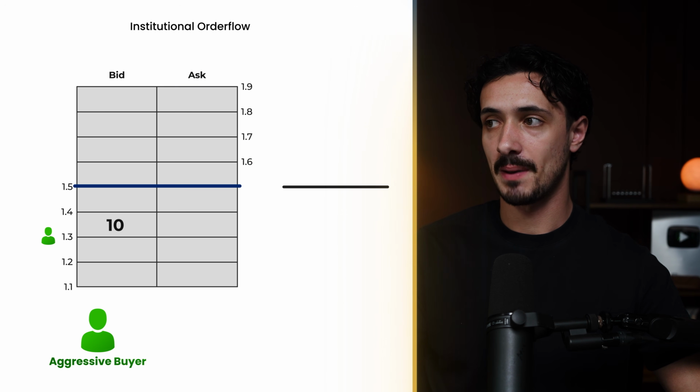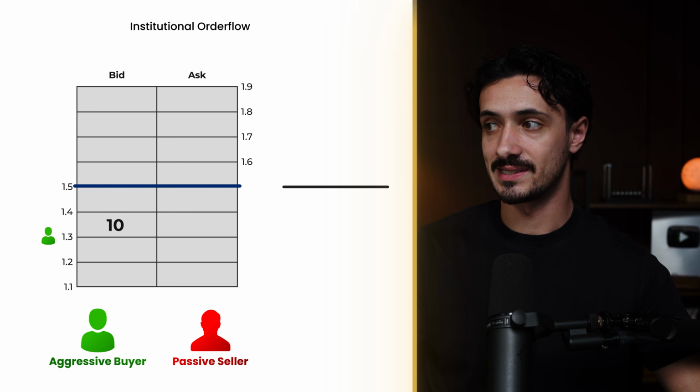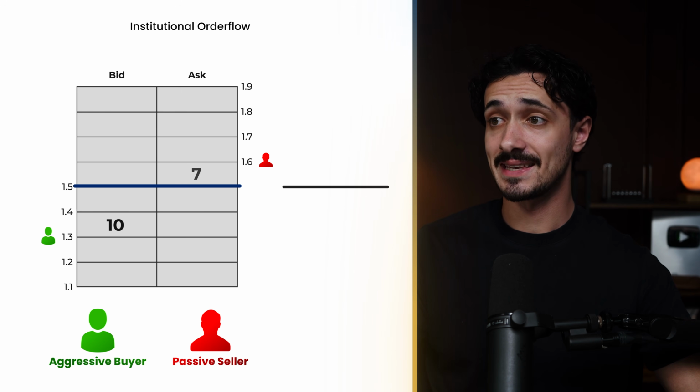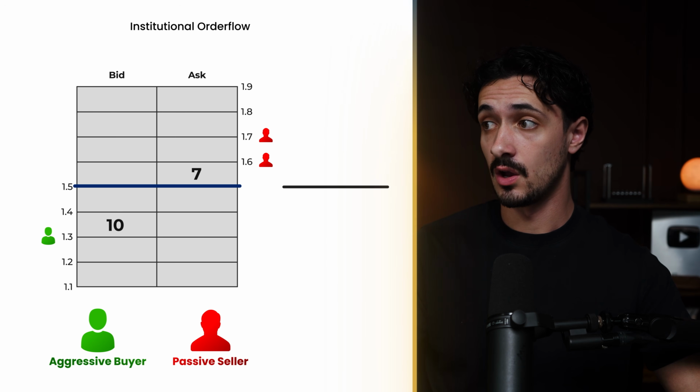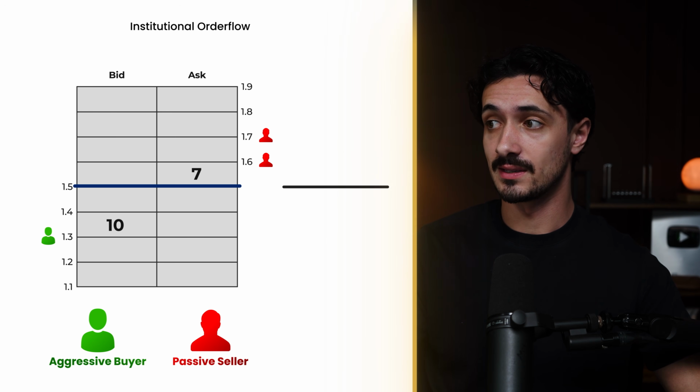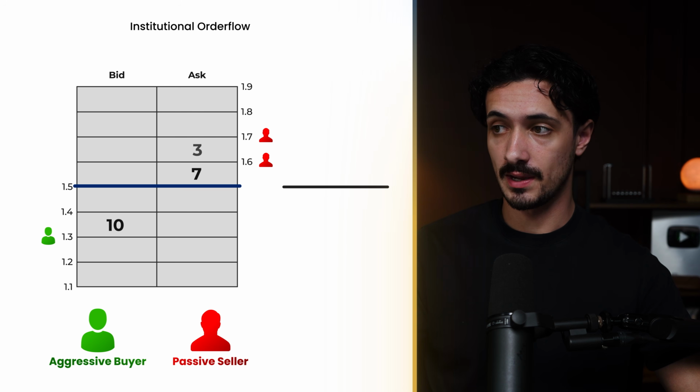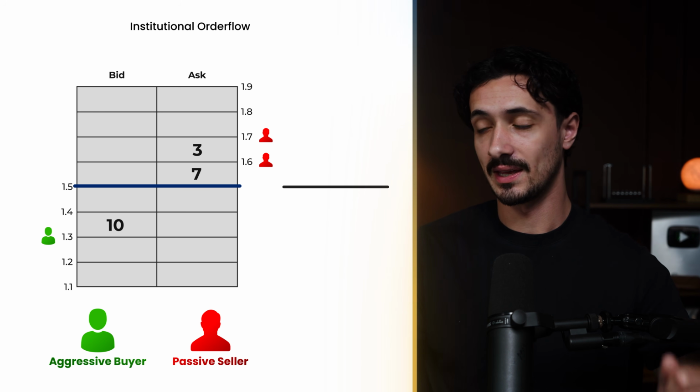So let's say we have a passive seller, right, who is sitting at 1.6, and at 1.6, let's say they have 7 lots available. And let's say there's another passive seller at 1.7 who has 3 lots available, right? So if you were an aggressive buyer, price is at 1.5, and you want to hit the bid for 10 lots, here's what would happen.